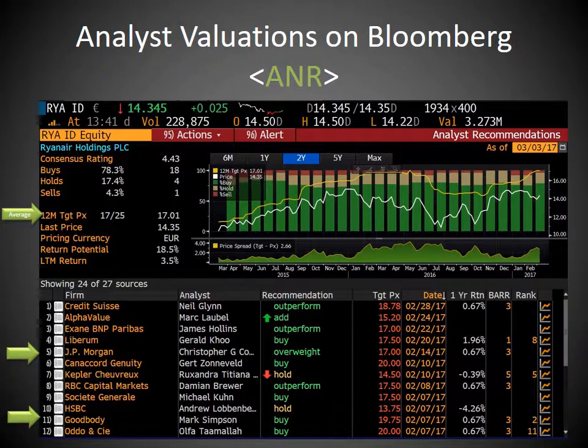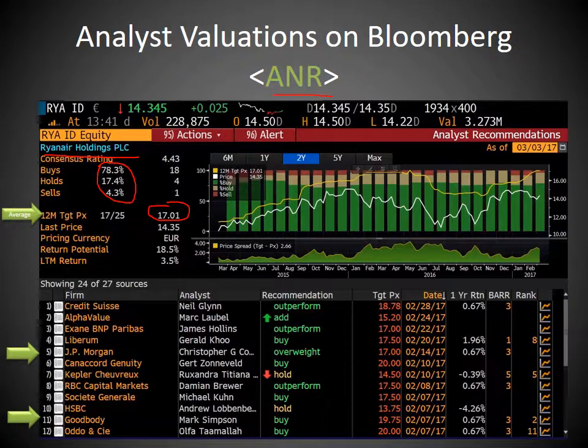Okay, so if you want to get a wide range of values from Ryanair from a number of different analysts, the place to go on Bloomberg is the Analyst Recommendation Screen, ANR. And you can see here this is for Ryanair, and the information up here is about whether each analyst has recommended to buy, hold or sell Ryanair, and the information we're interested in here is the 12-month price target.